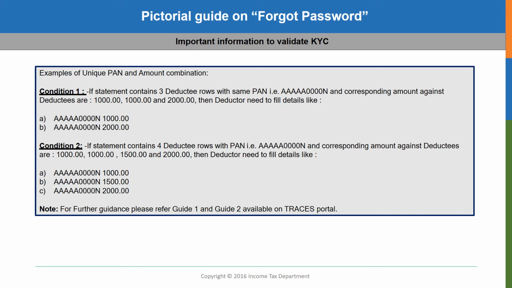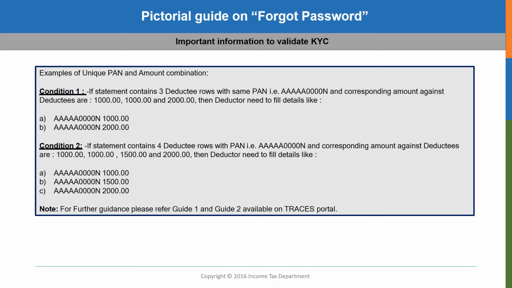Now the amount 1000, as you can see, is deducted 2 times, but you fill it only once because the PAN and the amount 1000 combination won't be unique again because it has already been filled once. That's why you are filling that PAN and the amount 1000 only once, okay.